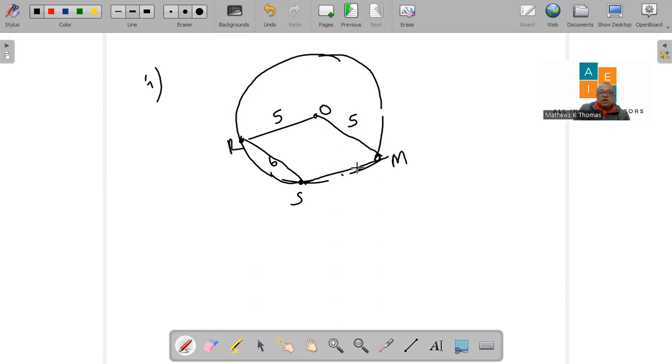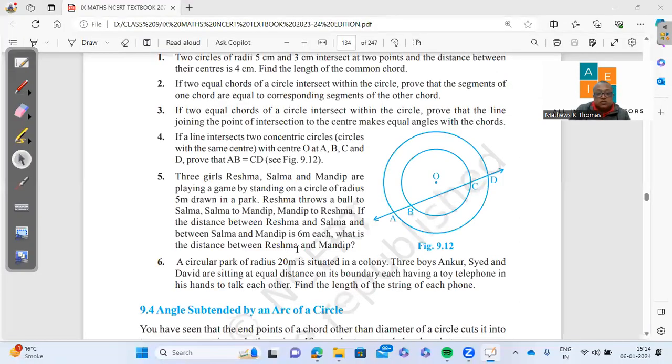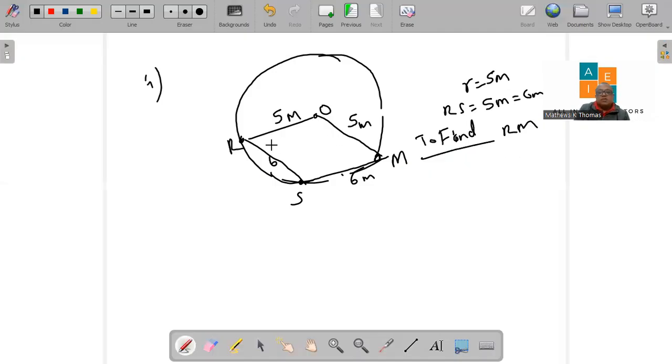Distance between Salma and Mandeep is given 6. Radius is 5 meter. RS and SM is 6 meter. Question is to find the distance between Reshma and Mandeep, right? That means we have to find out RM.